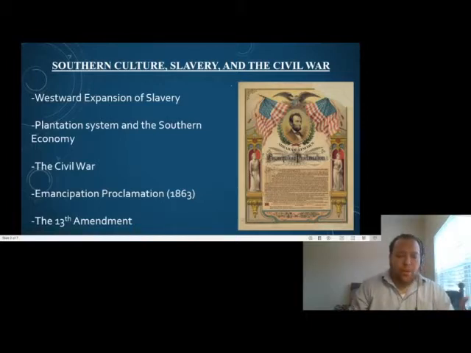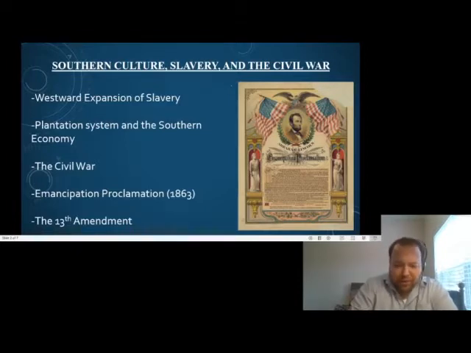The South, however, from the get-go, going all the way back to the beginning of class when we talked about the original 13 colonies, adopted an agricultural model for its economy, adopting the French plantation system that was implemented in the Caribbean. Southern aristocrats, Southern elites, would make their money off of cash crops.